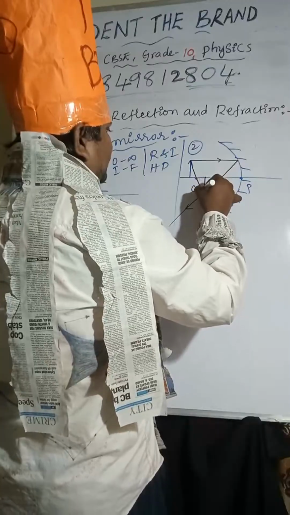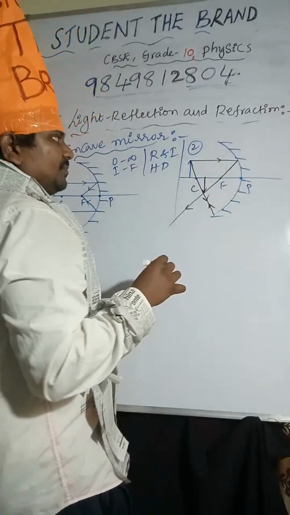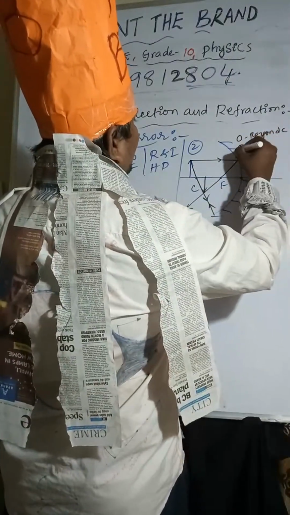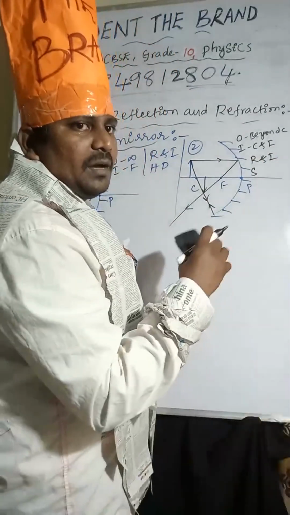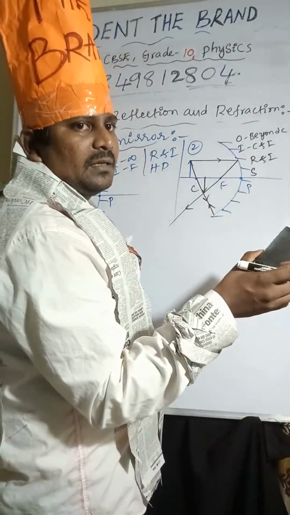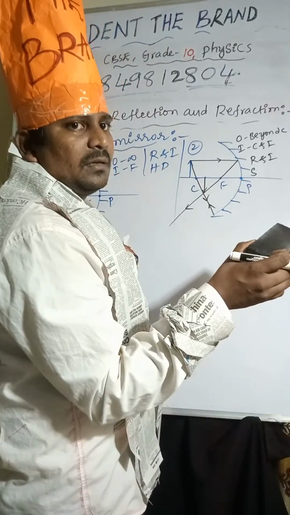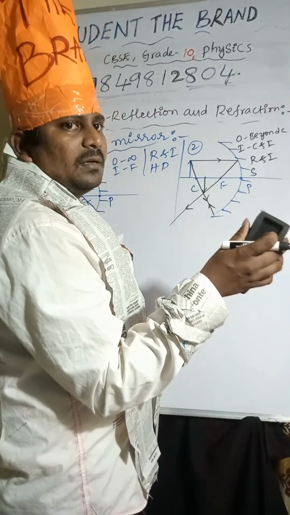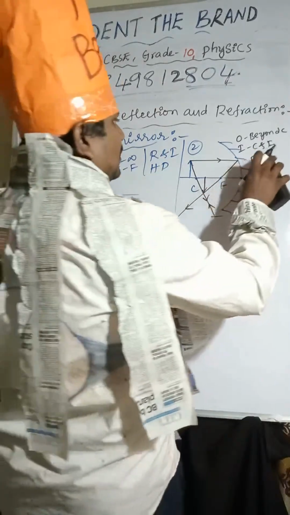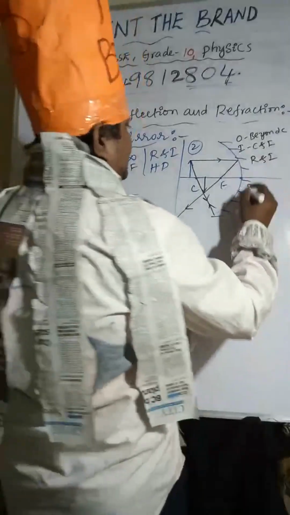So the image will form between C and F. Object is beyond C, image forms between C and F. Nature of the image is real and inverted, and the size of the image is diminished. Compared to the object, image size is decreased.